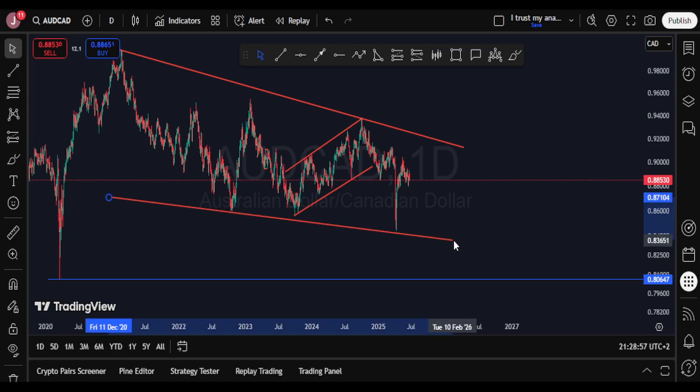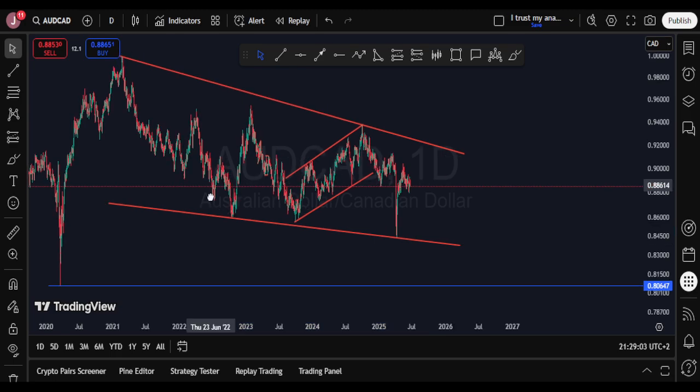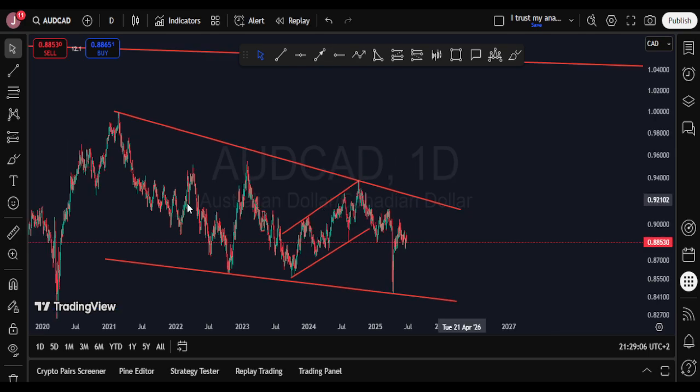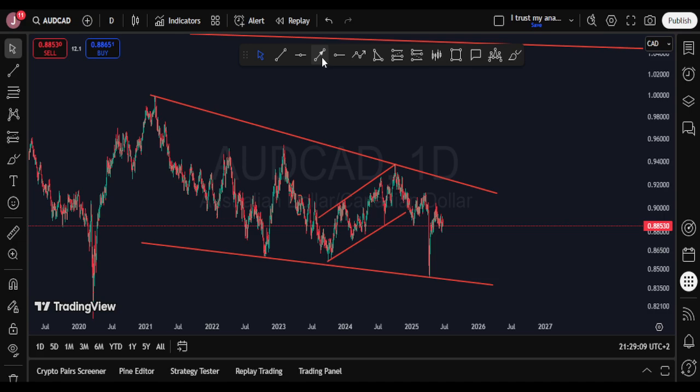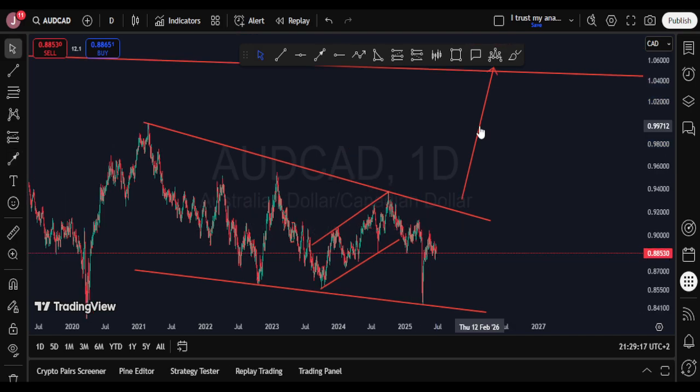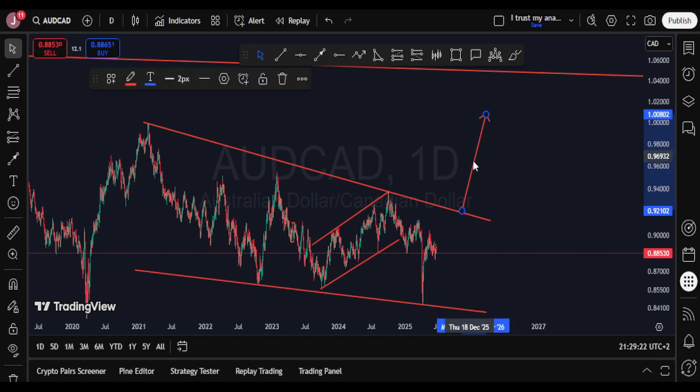So with AUDCAD, the outer pattern has been playing out for the longest time. Eventually we are still looking for the push to the upside. This is what we are initially looking for, ladies and gentlemen, this push up.